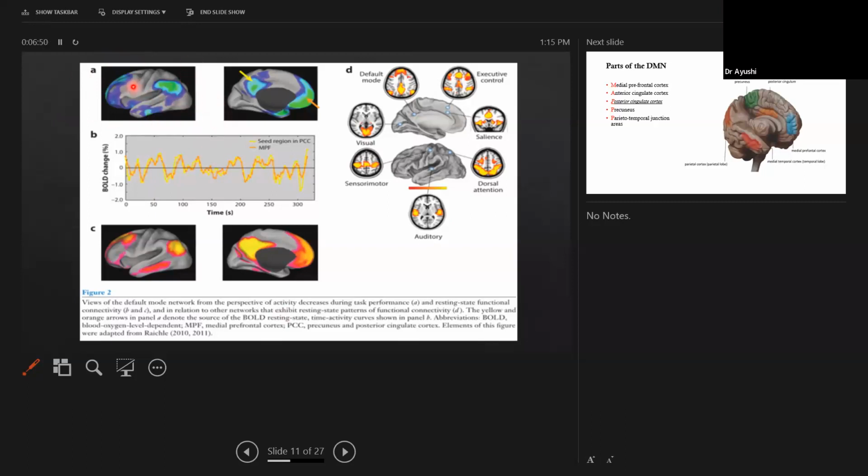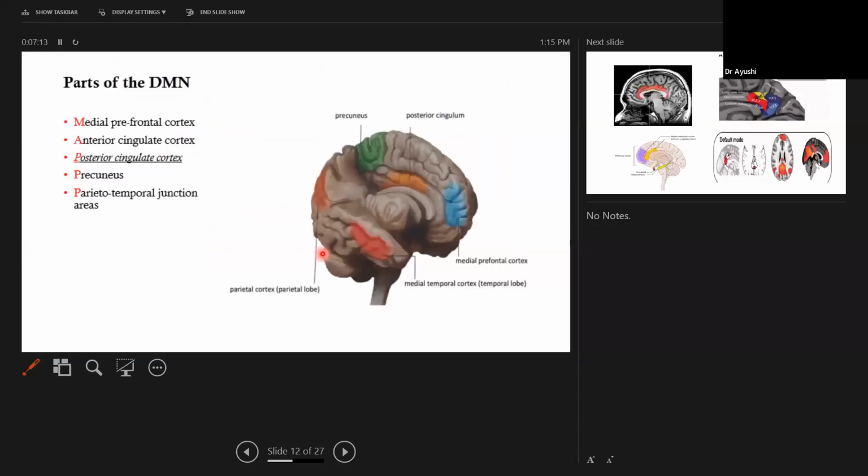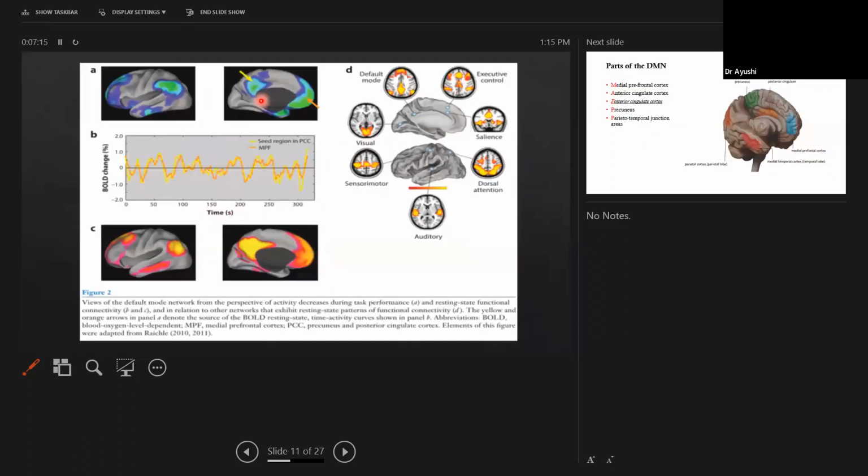When we are doing any task, the activity of this network decreases. And when we are thinking about ourselves, or having any stimulus independent thoughts, then the default mode network gets activated.